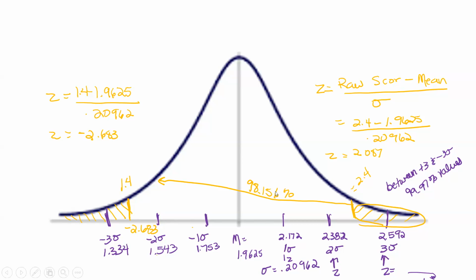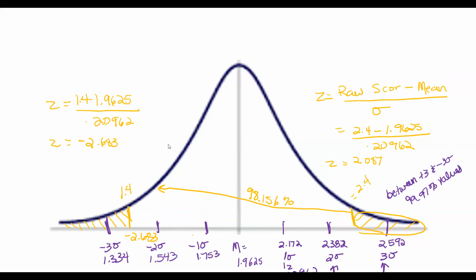All right. So coming back to Excel, we say that our z-score is minus 2.683, right? And I can find the value of that by taking NORM.S.DIST again, open parentheses, negative 2.683, close parentheses. Oh, I know why.